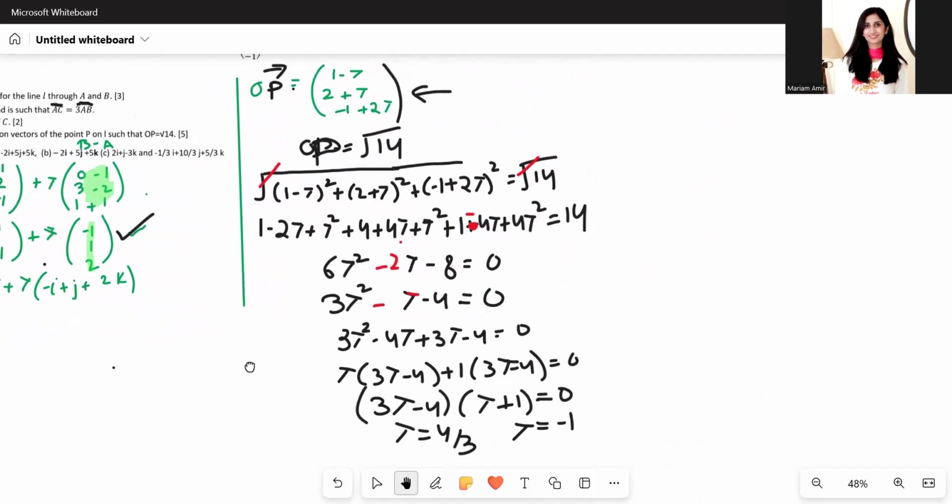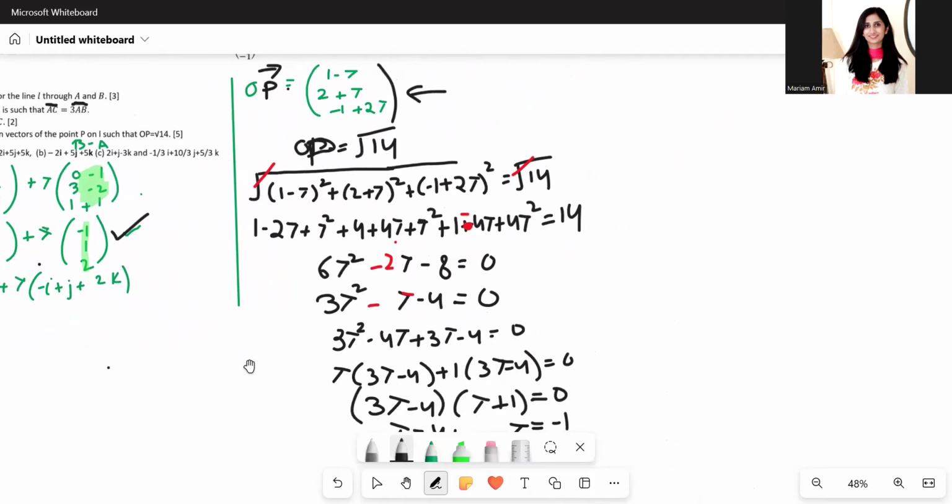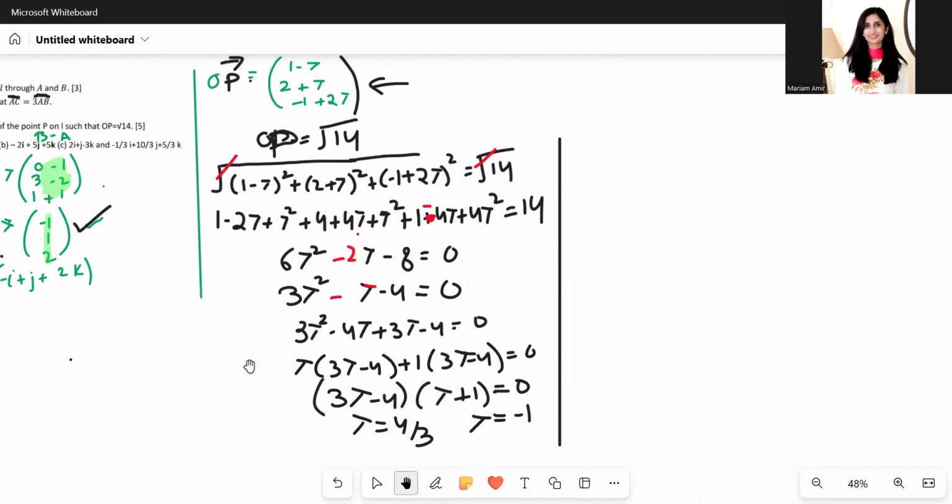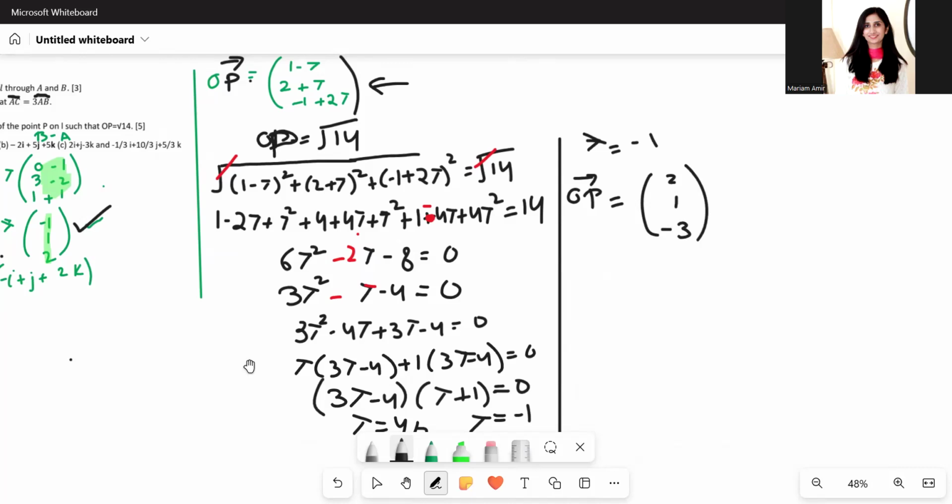Okay, so when lambda is negative 1, then OP is (2, 1, -3).